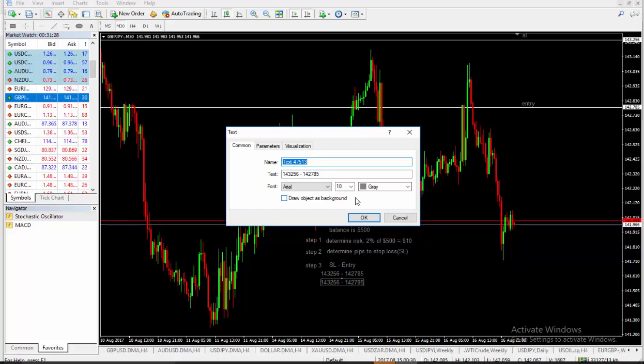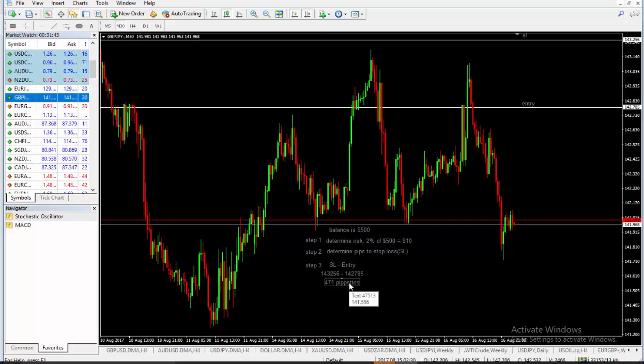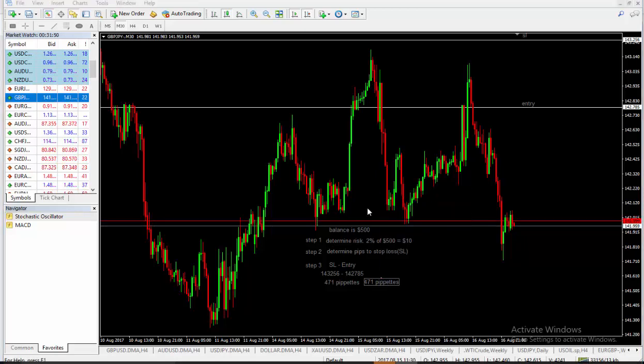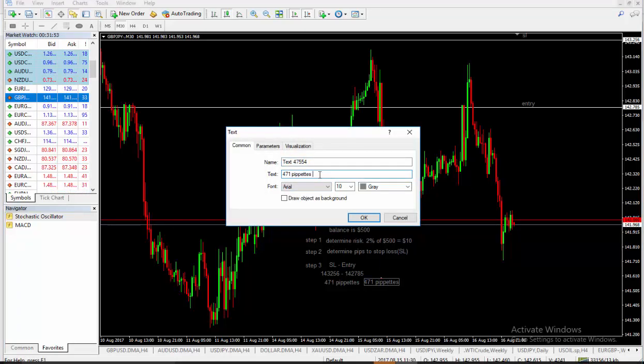You see, we have 471 pipettes. Now to get from pipettes to pips, you must divide by 10 all the time, guys. So you must divide it by 10 to get pips. So what will we have?